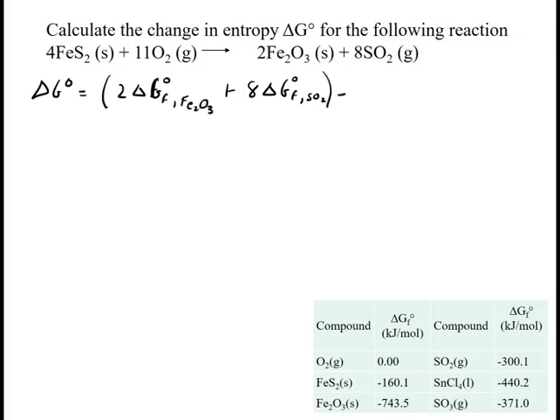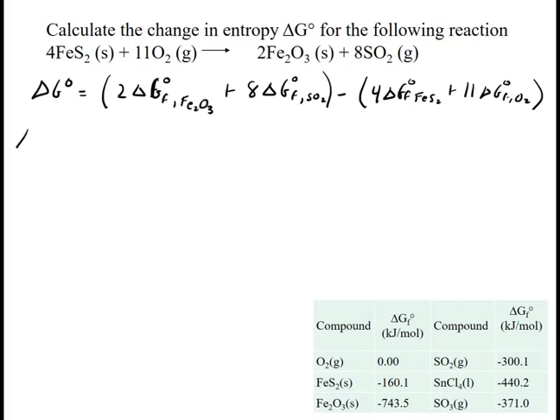So my products minus 4 times my delta G of formation for the iron 2 sulfide plus 11 times the delta G of formation for O2.